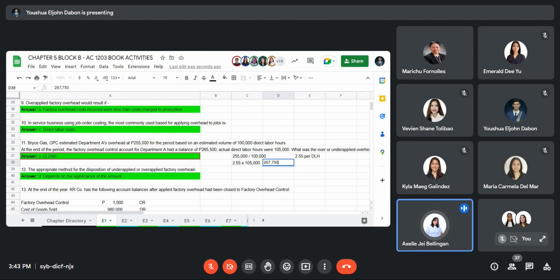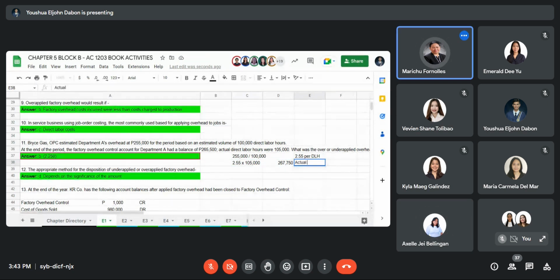So this is your actual direct labor cost. And as discussed kanina, actual direct labor cost, no? Ay, actual factory overhead. So to get the applied overhead.